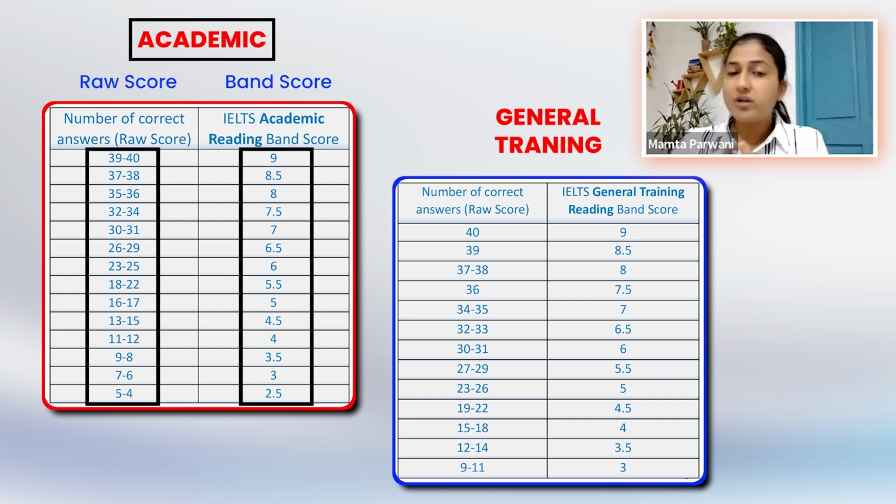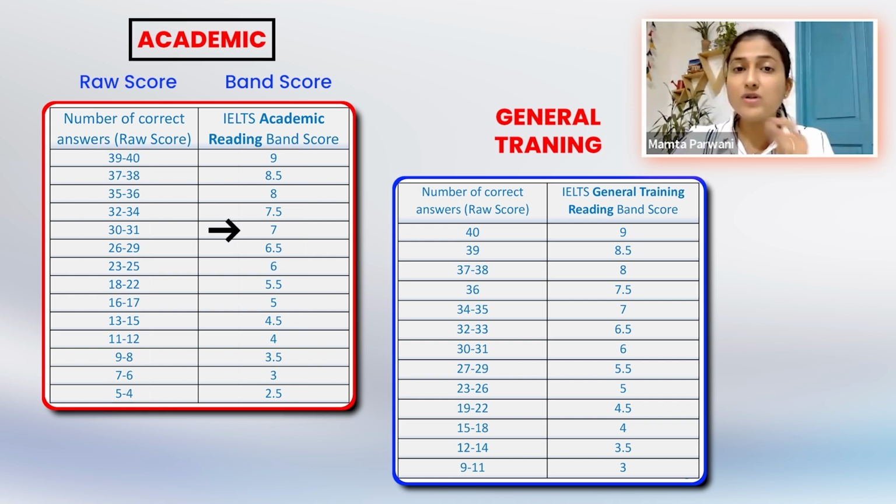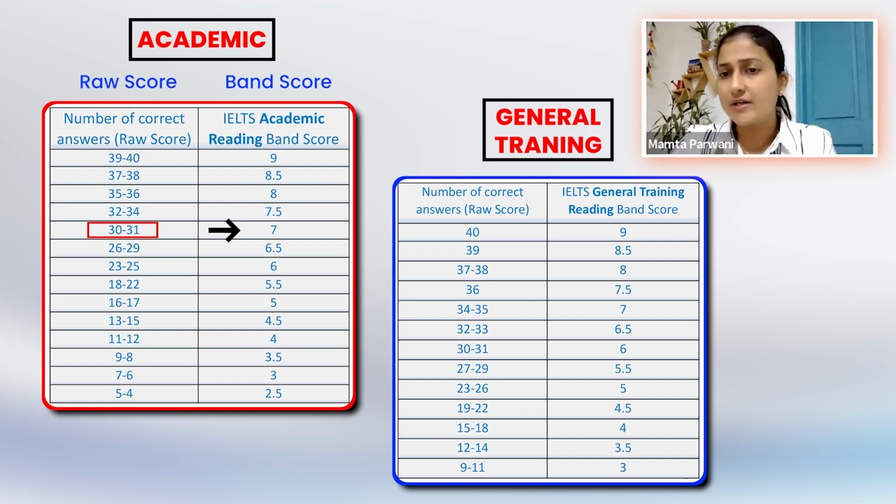For example, if your target is 7, your score should be somewhere between 30 or 31 if you're an academic candidate, right? Let's say same is the target of a general training candidate, that is score 7. You see, a general training candidate will have to score 34 or 35 correct answers out of 40 to make sure that he or she gets 7.